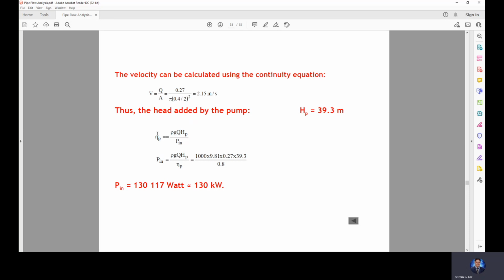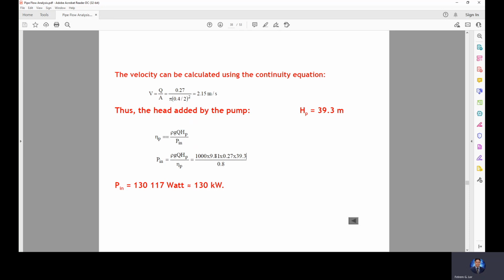So we can just rearrange the equation. That's power of the pump over the efficiency nga 0.8. So the power of the pump, this is the output. That's 1,000, the rho times G times the discharge times the head added by the pump. The unit of the power, in this case we are using a metric system, is kilowatt or watts.